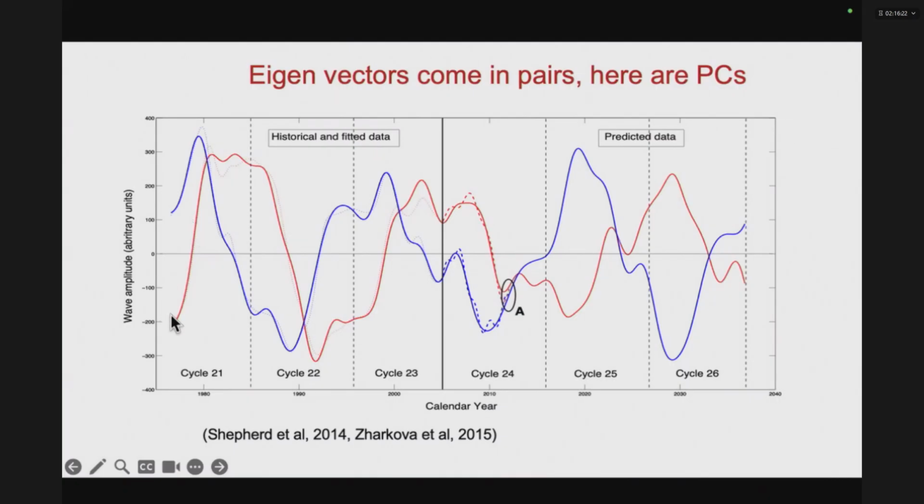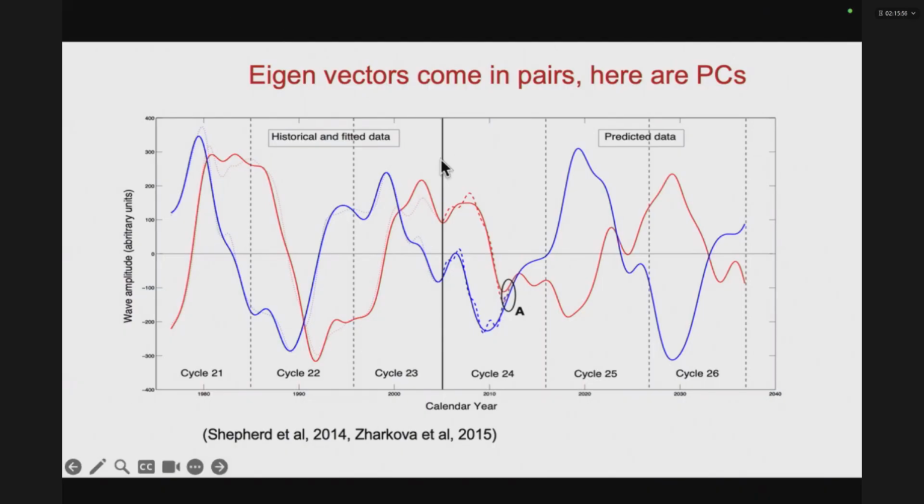One starts from the southern hemisphere, the other from the northern, but they meet in the hemisphere which becomes more active. In odd cycles, it will be the northern hemisphere; in even cycles, the southern hemisphere. When these waves have similar amplitude, they produce this resonance interaction and cause the maximum solar activity.